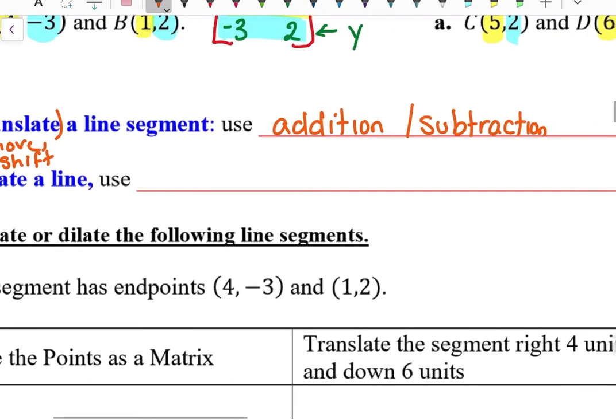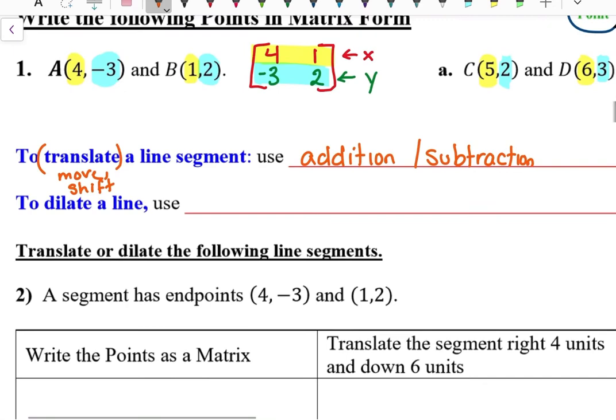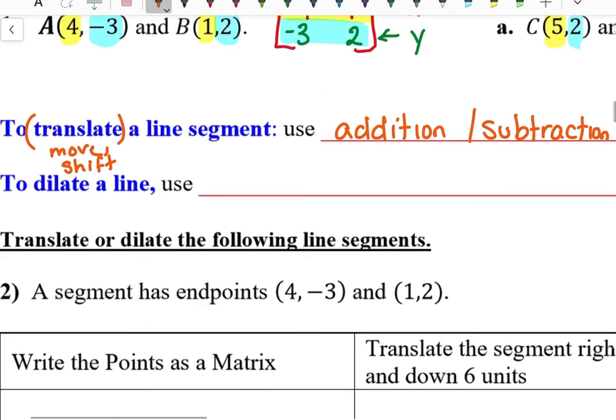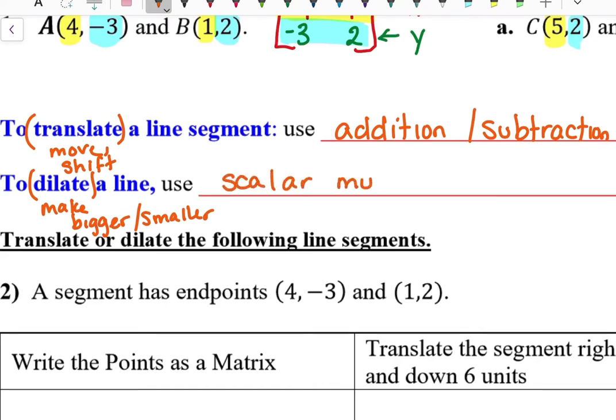If I wanted to dilate a line, dilate means to make bigger or smaller, I would use scalar multiplication. So just multiplying the whole matrix by a number.